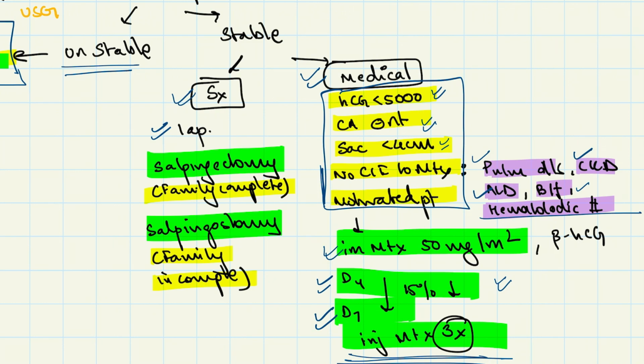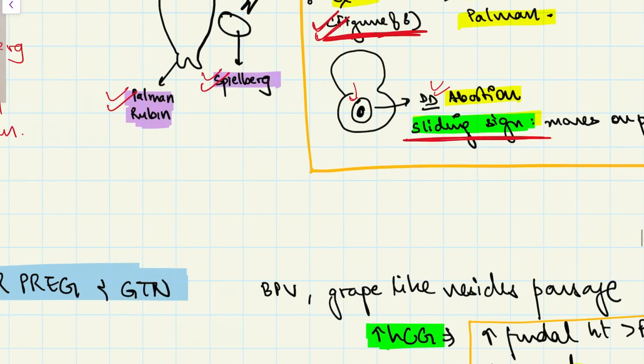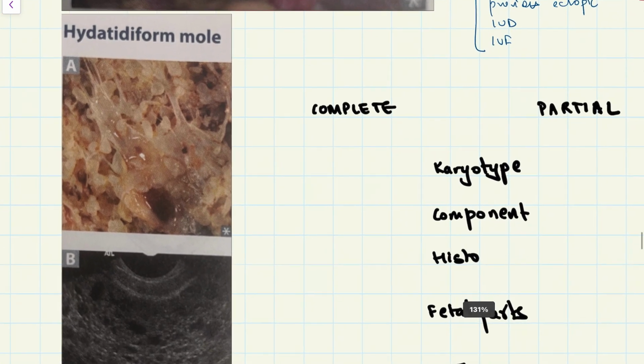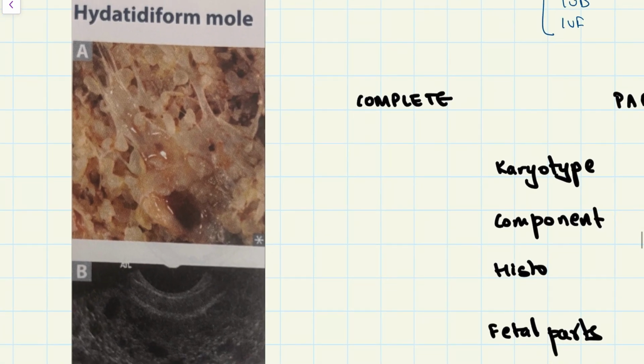The second cause of early trimester bleed or first trimester bleed is a molar pregnancy or a hydatidiform mole. So here what happens is that there is cystic swelling of chorionic villi, and there is proliferation of chorionic epithelium, which is the trophoblast.